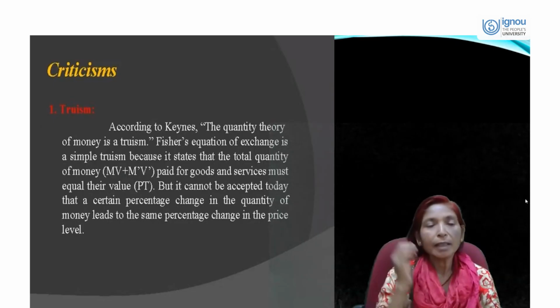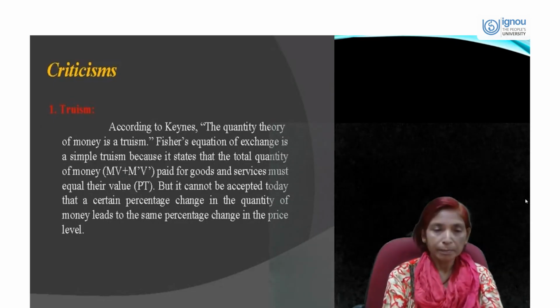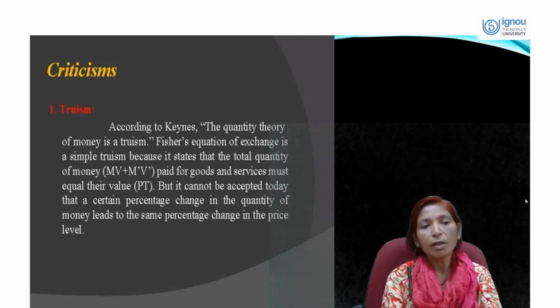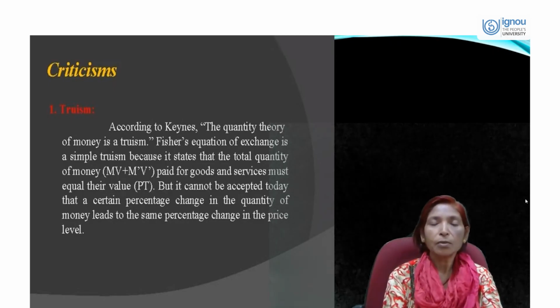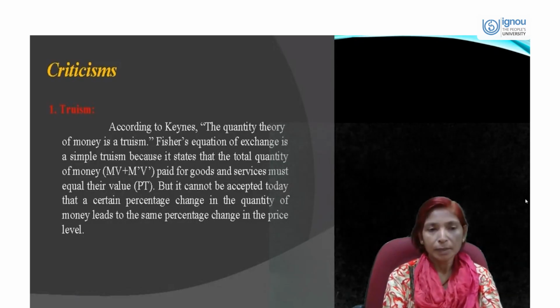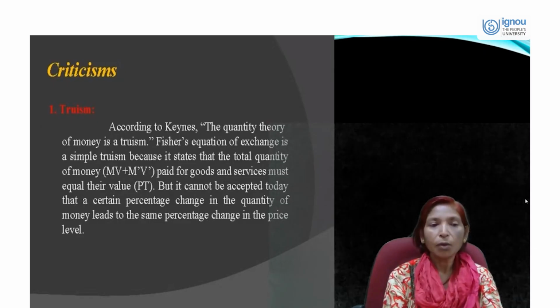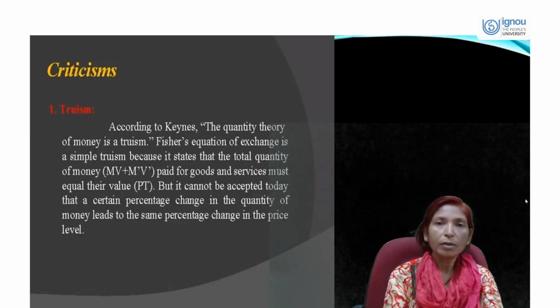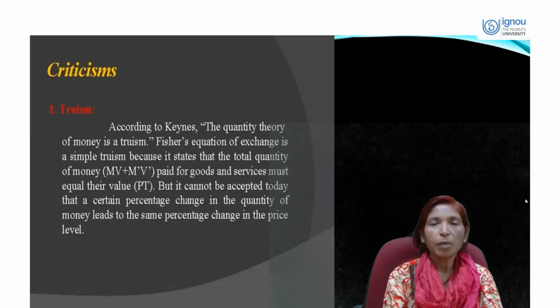So, number one criticism is truism. According to Keynes, the quantity theory of money is a truism. Fisher's equation of exchange is a simple truism because it states that the total quantity of money, which is MV plus M'V', paid for goods and services, must equal their value PT.